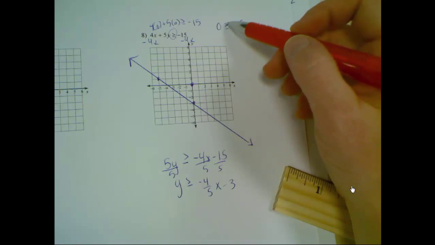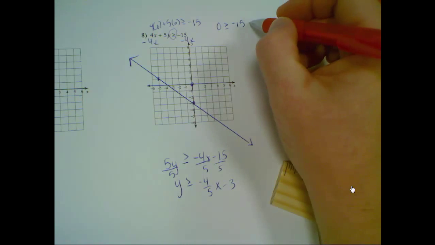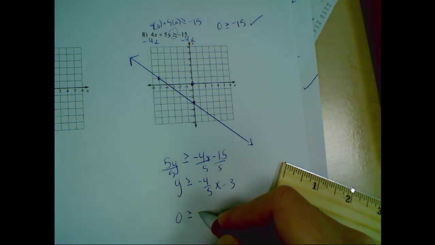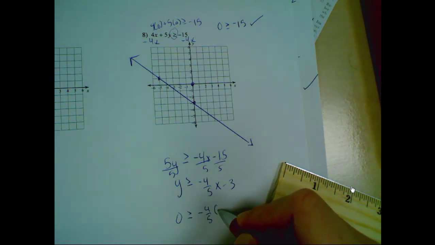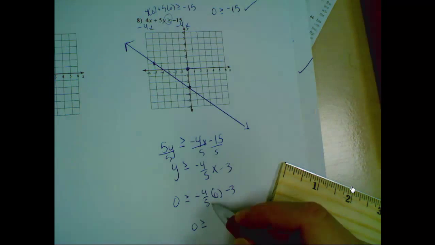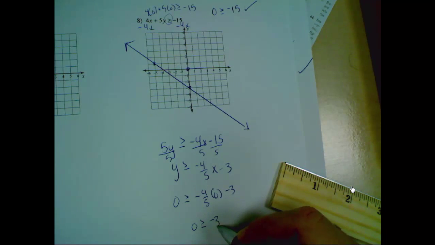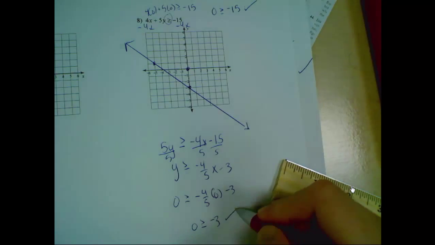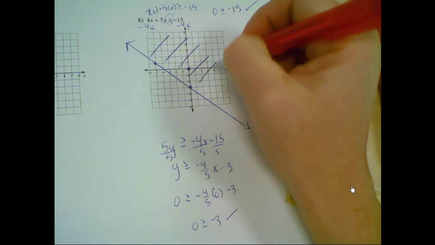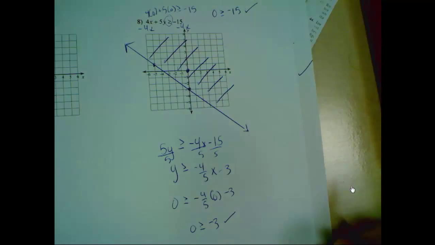Well, 0 is greater than -15, so this is true. Let's check this one just for the fun of it. 0 is greater than or equal to -4/5 times 0 minus 3. 0 is greater than or equal to 0 minus 3, which is -3. Also true. This point is true, which means all the points on this side of the line are true.